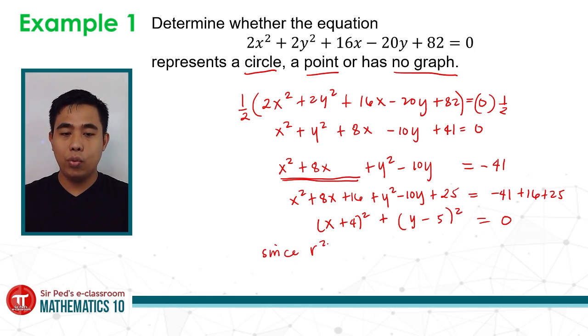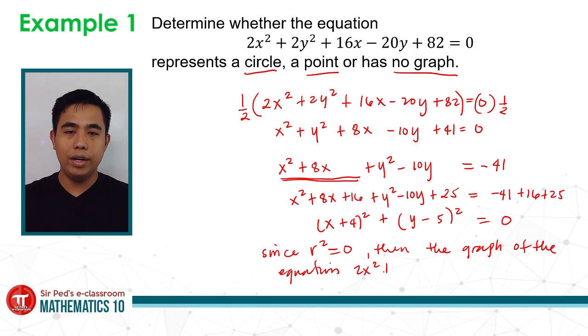Since r squared is equal to 0, then we can now conclude that the graph of the equation 2x squared plus 2y squared plus 16x minus 20y plus 82 equals 0 is a point.